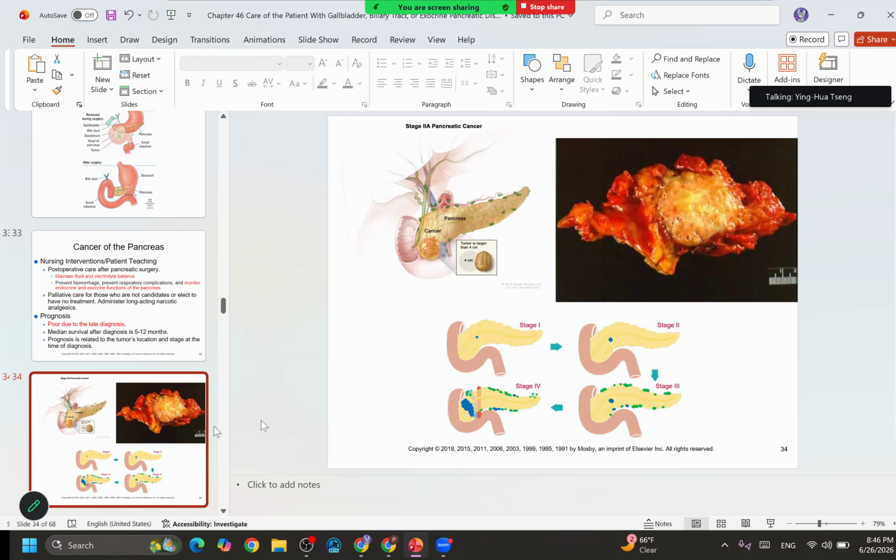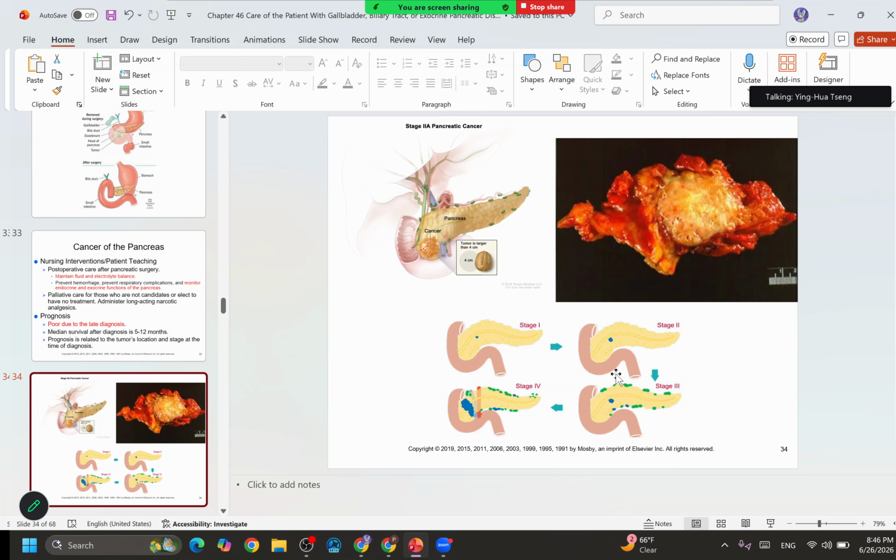Here. So this is the cancer, okay? You can see all the different stages, stage 1, stage 2. You can see stage 1 and stage 2 only have one spot. If we draw the blood and the CA19-9 is increasing, the doctor will know, okay, you have a GI cancer, but I just don't know where.